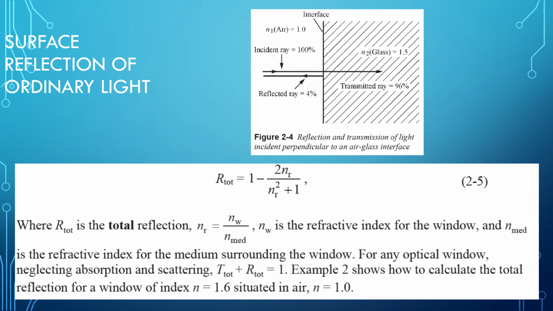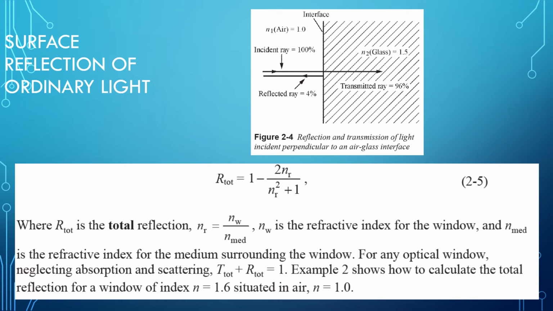NW is the refractive index for the window, and N of the medium is the refractive index for the medium surrounding the window. So for any optical window, neglecting absorption and scattering, T total plus R total is equal to 1.